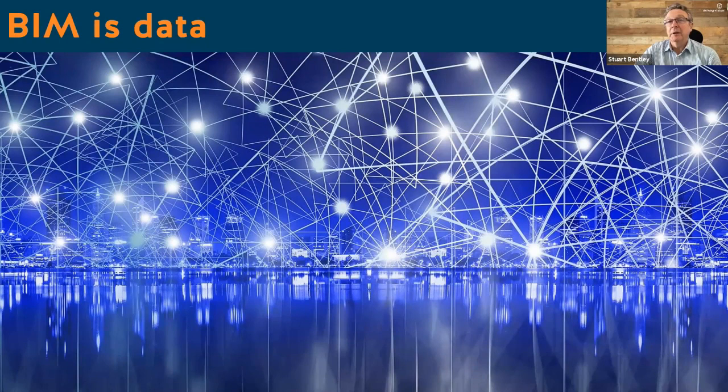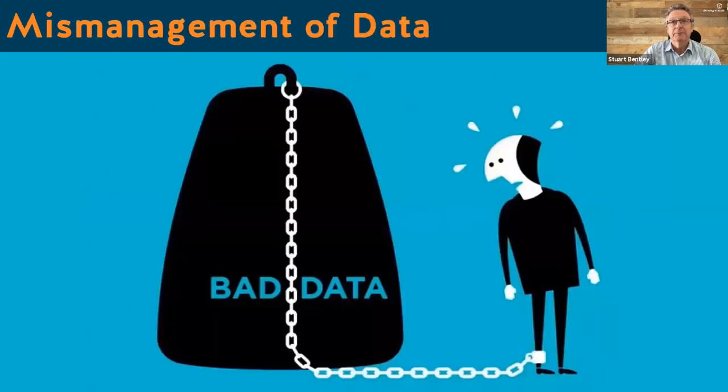BIM is all about collaboration. That means we need to make sure that there is free-flowing data between all the stakeholders. An effective BIM implementation will make it easy for everyone involved to get access to all the information they need to ensure success. So with that in mind, let's have a look at some of the challenges faced in achieving that.